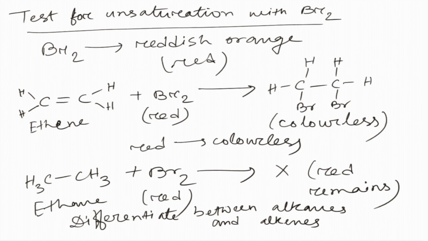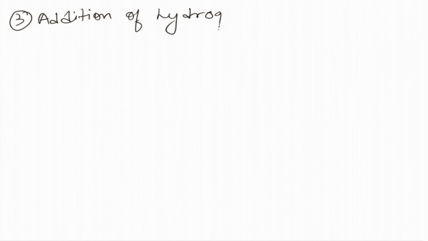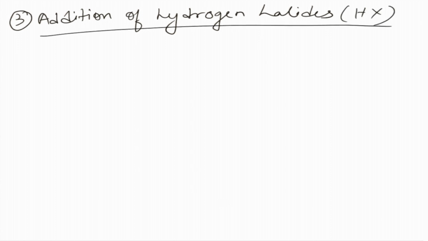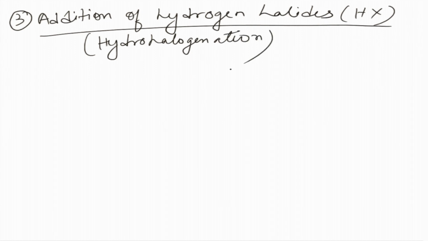Okay. Now, the next reaction of alkene is addition of hydrogen halides, that is HX. This is called hydrohalogenation. Okay.